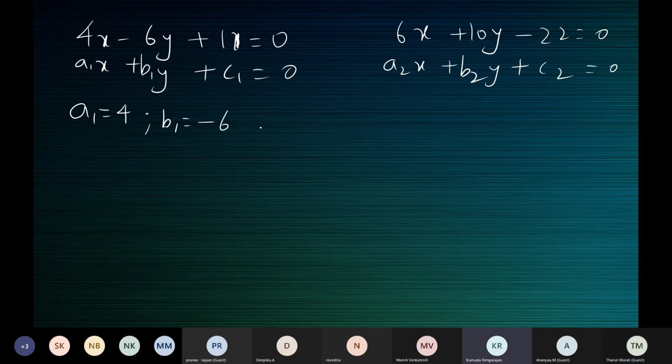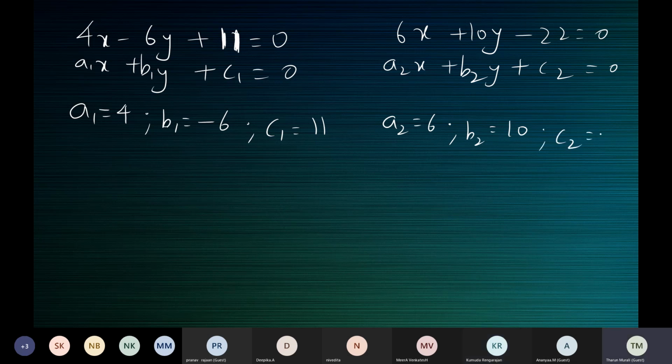Very good. What's the value of C1? Ma'am, 11. C1 is 11. What's the value of A2? 6, ma'am. What's the value of B2? 10, ma'am. And what's the value of C2? Minus 22. Okay. Thank you, Tarun. You're welcome, ma'am.